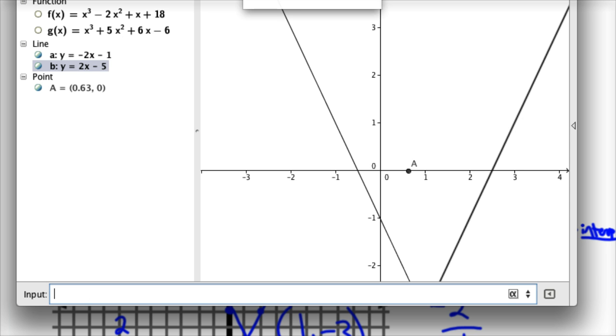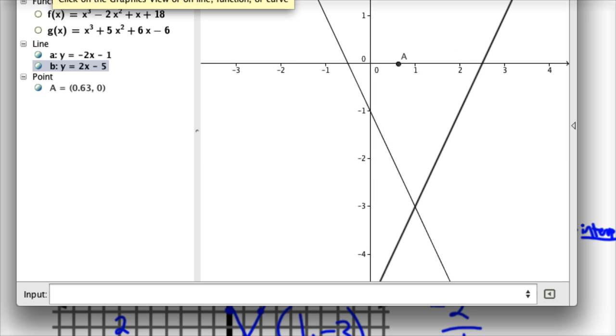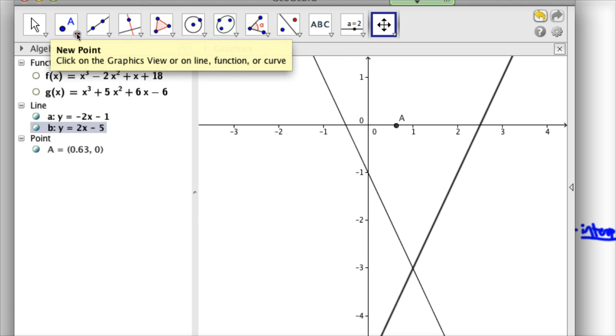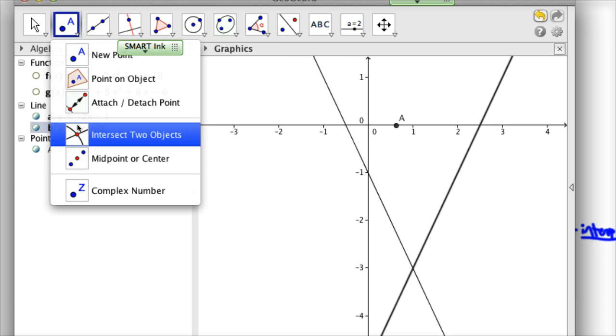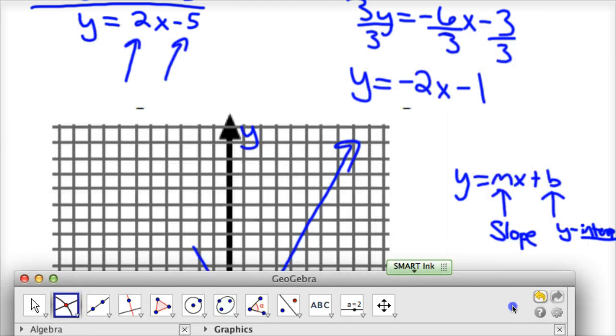And I'll go to where those two lines meet. I'll stick in a point, and what I'm doing here is I've got a set of values. I want to add a new point, maybe where the two objects meet. And I'll click on the two objects, and there it be 1, negative 3, which we found by hand. So that just verifies my answer.